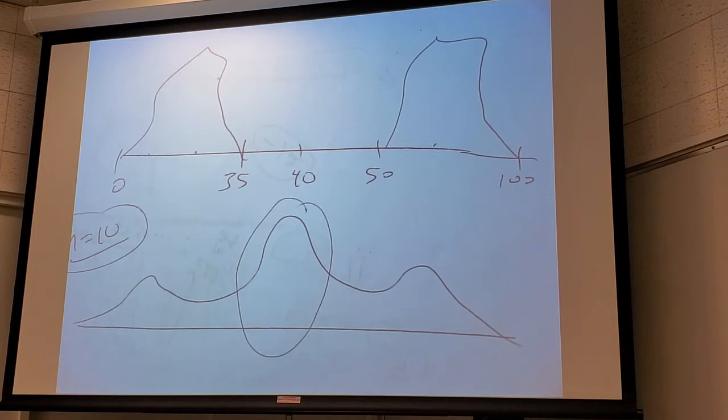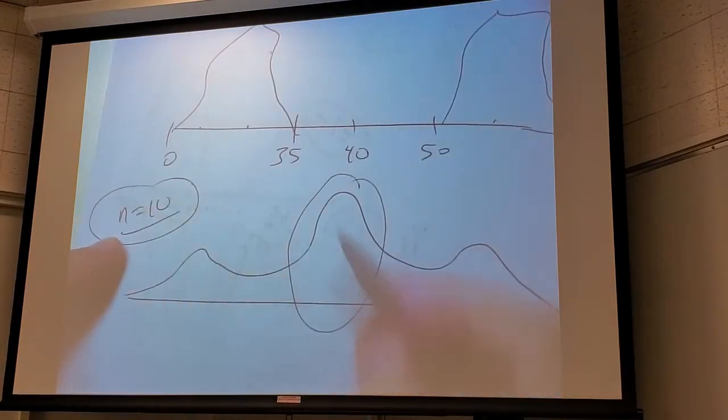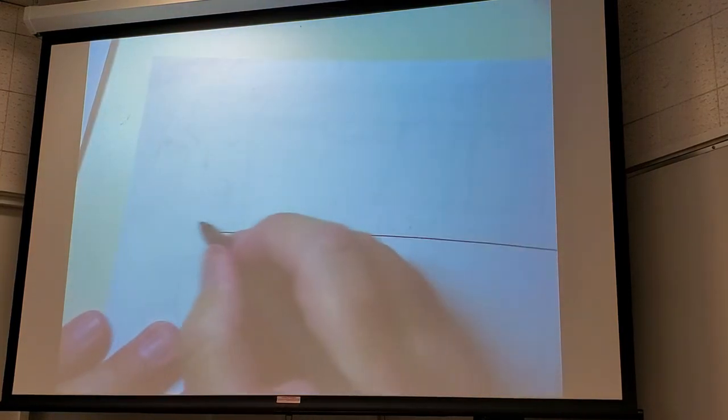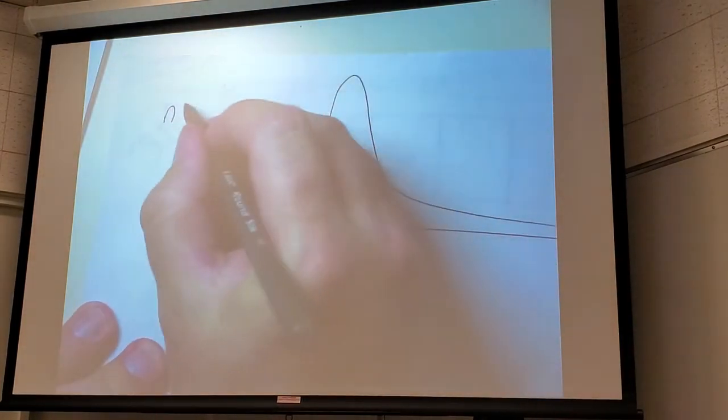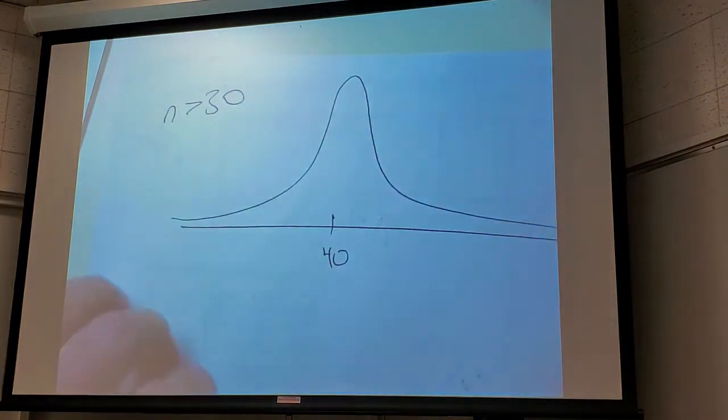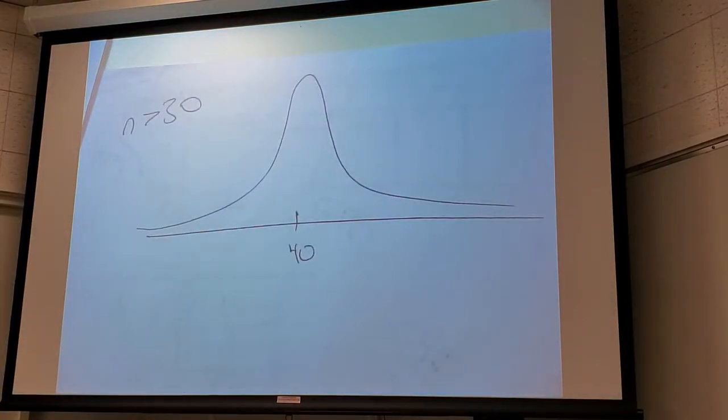Okay. If I take 30, that's the magic number. If I take 30, my poor man's Batman signal here becomes that. What do you mean if you take 30? If I take a sample, let me be careful, greater than 30, and I really want this understood.